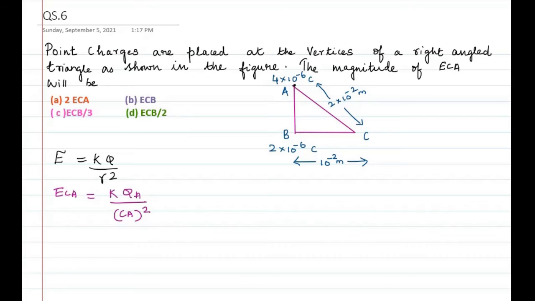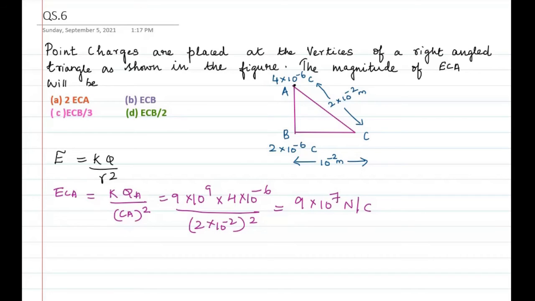Which is equal to 9 into 10 to the power of 9 into 4 into 10 to the power of minus 6 divided by the distance, 2 into 10 to the power of minus 2, the whole square. So we get the answer 9 into 10 to the power of 7 Newton per Coulomb. Now we can find out what is ECB.